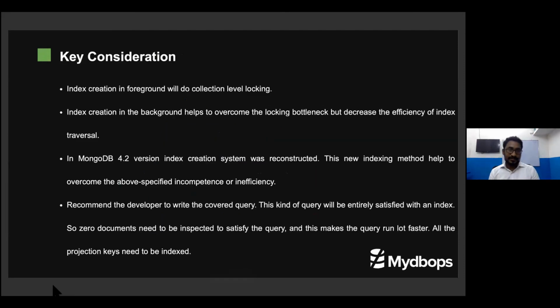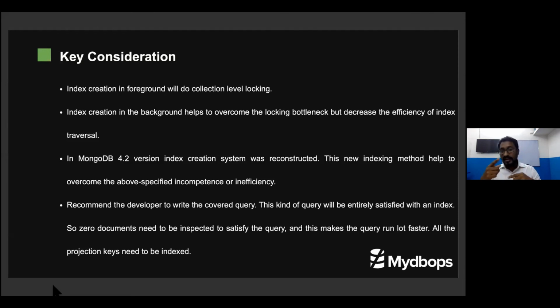Index consideration: index creation in the foreground will take a collection lock. Yes, right. So basically what people do as a DBA or database engineer in MongoDB is take non-traffic hours, or maybe take a downtime, to create an index in the background. But guys, maybe you are not informed that when you are creating a background index, your index traversal efficiency will decrease.